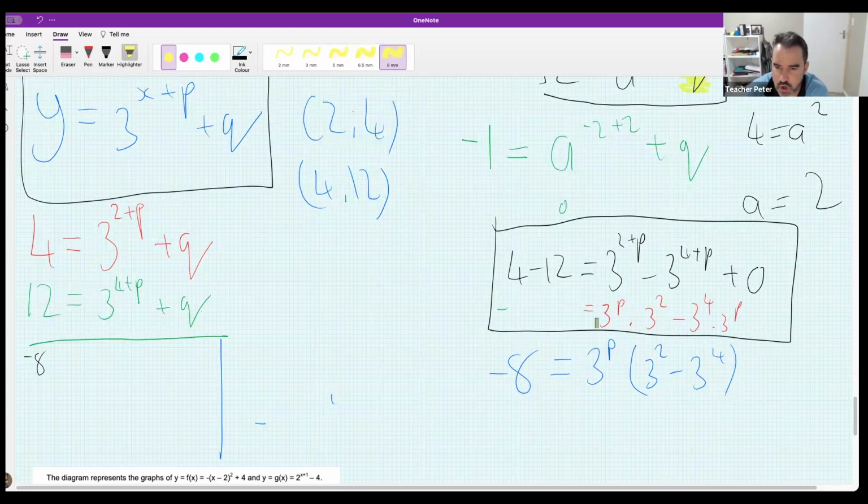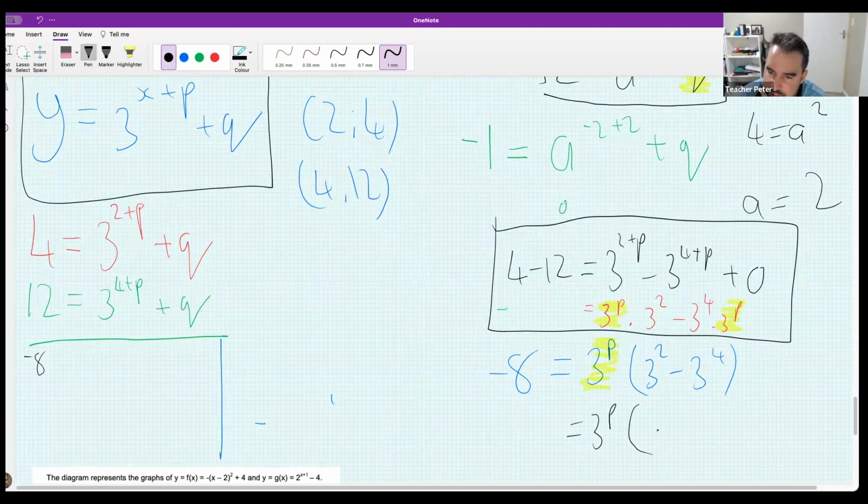What I'm trying to show you is that I'm trying to take out that 3 to the p there. So just give me a yes or no if you followed that one.